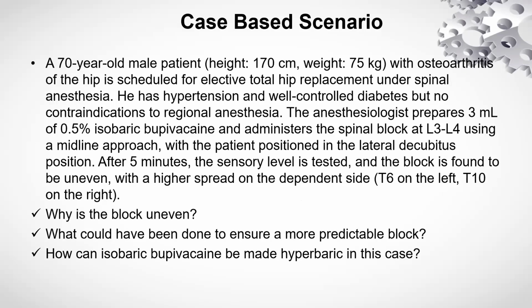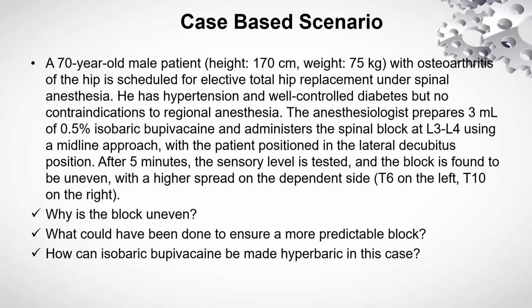All right, I like this one. A 70-year-old patient, height 170 cm, weight 75 kg, with osteoarthritis of the hip, is scheduled for elective total hip replacement under spinal anesthesia. He has hypertension, well-controlled diabetes, and there are no contraindications to regional anesthesia.